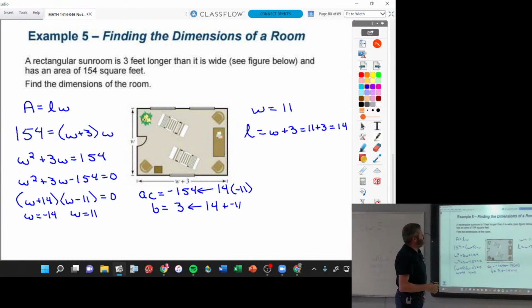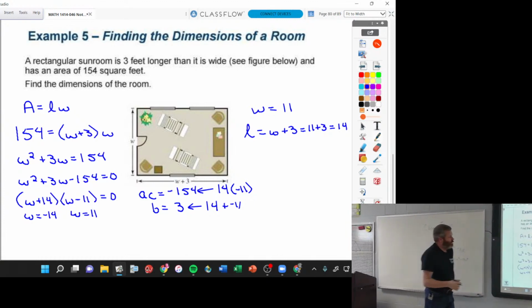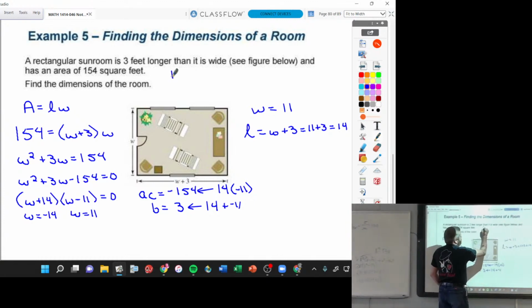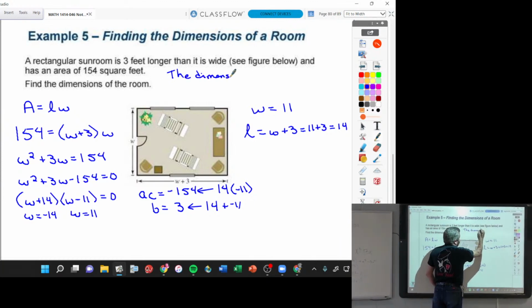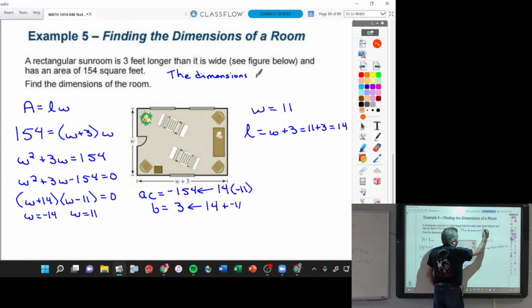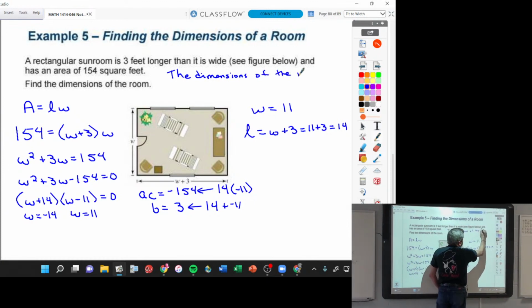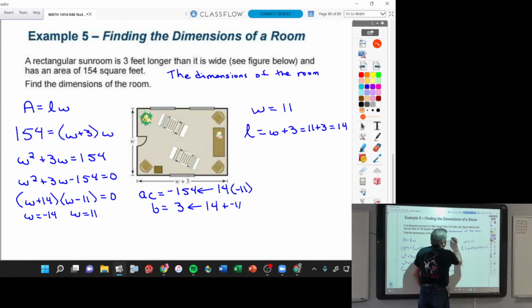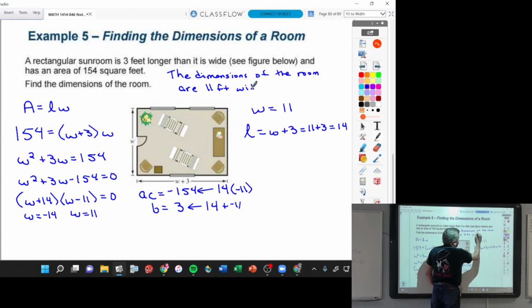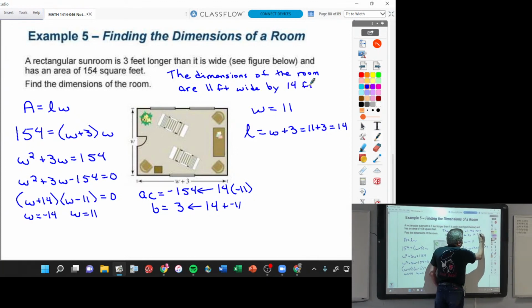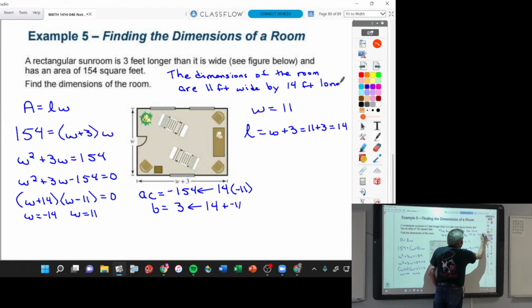So this question says, find the dimensions of the room. Here's the answer. The dimensions of the room are 11 feet wide by 14 feet long.